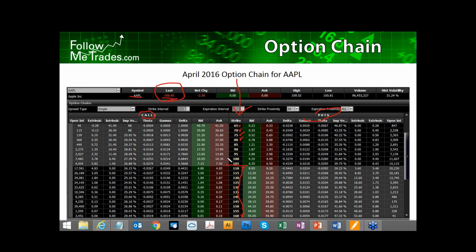The contracts over here, up here, are all out of the money, because the right to sell Apple at $105 when it's sitting at 106 isn't that valuable.